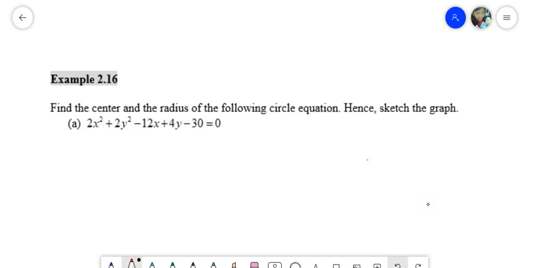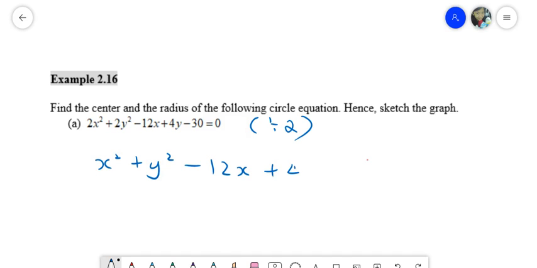So can you tell me how you're supposed to simplify it to become a positive 1? Obviously, you may need to divide everything by 2. So you have x squared add up with y squared minus 12x add up with 4y minus 30; I divide everything by 2, it will be minus 6x add up with 2y minus 15 equal to 0.